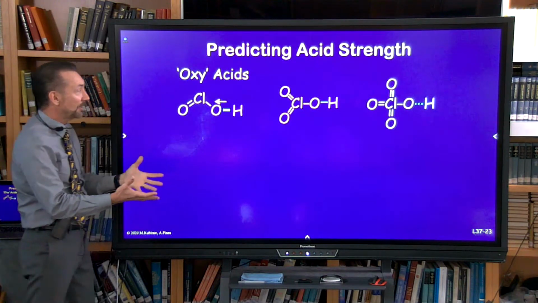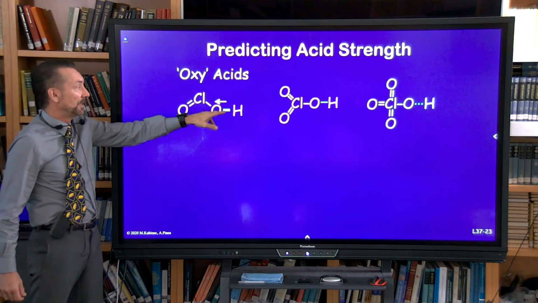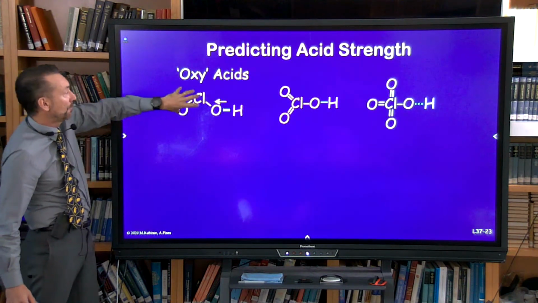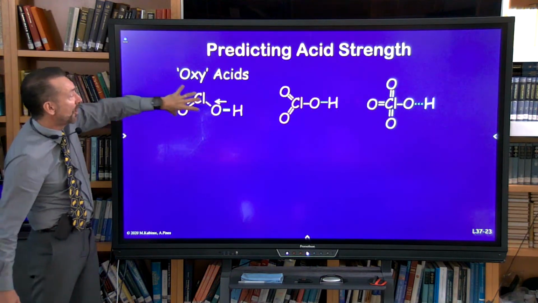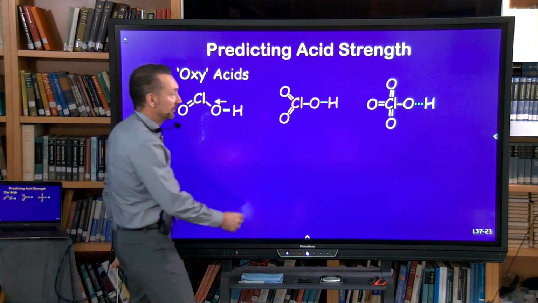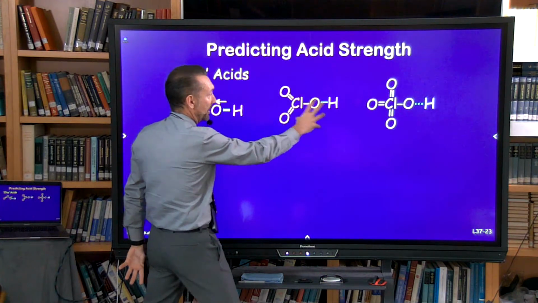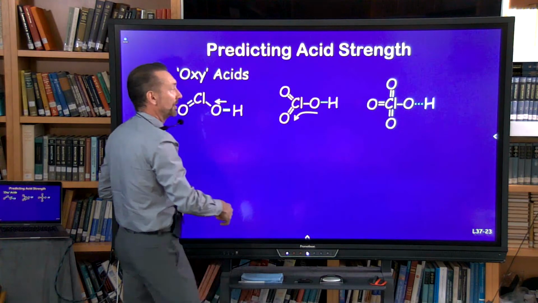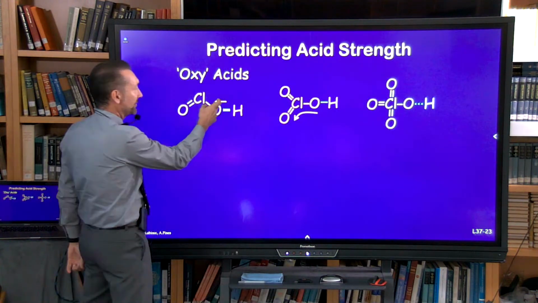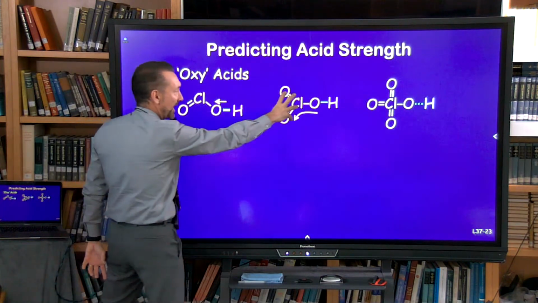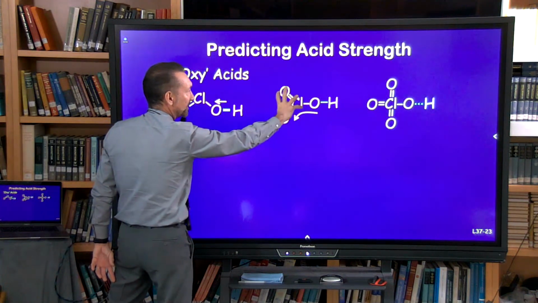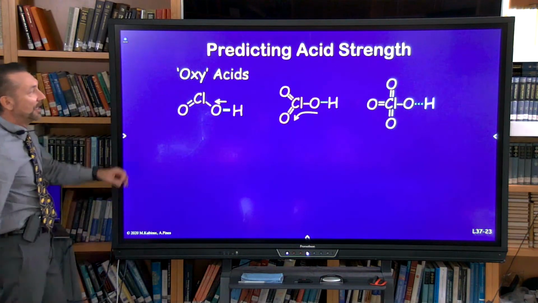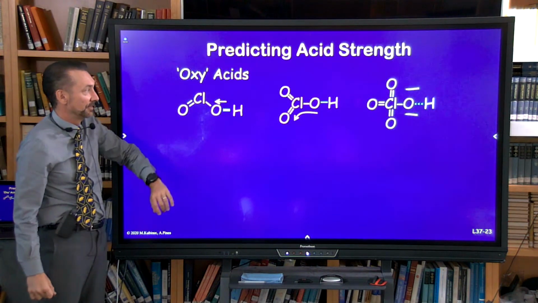If you're going to talk about the strength of that bond, how far are the electrons withdrawn from that bond? So it is going to be based on the oxidation state of this chlorine. Here the oxygen has an effect, but as this chlorine gets more oxidized, with more oxygens around it, the oxidation number of the chlorine increases.